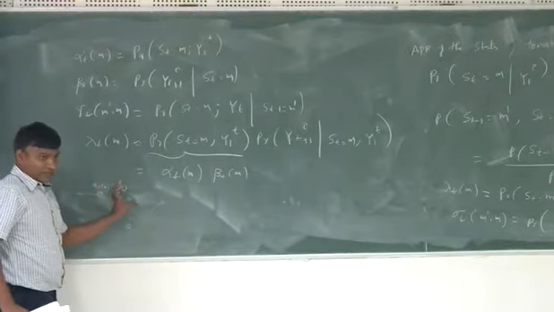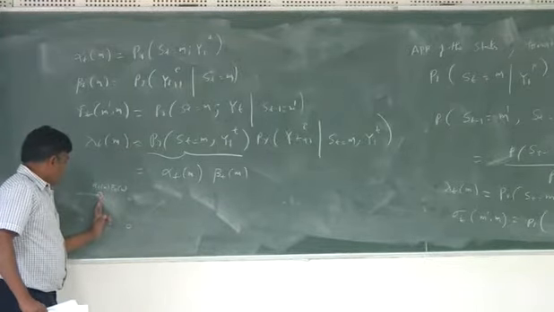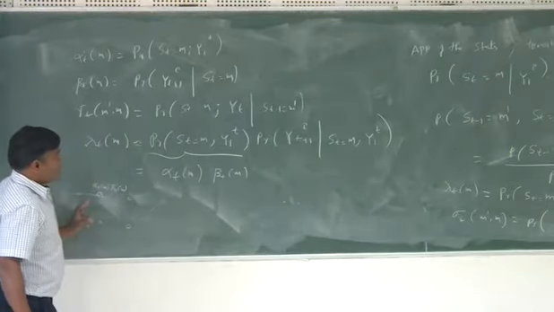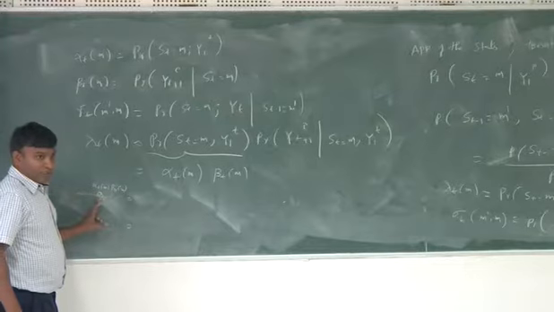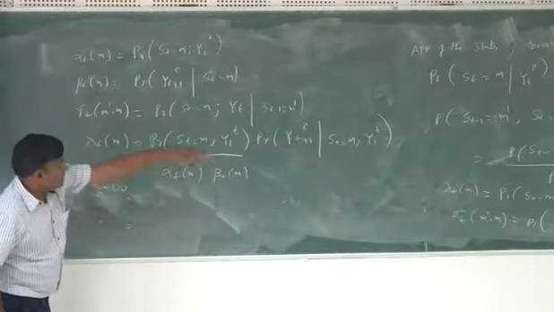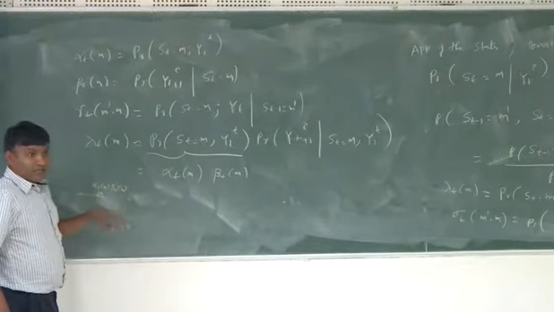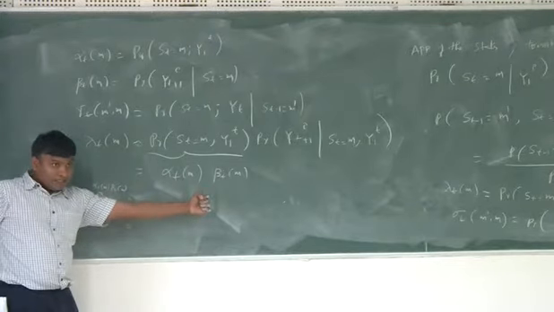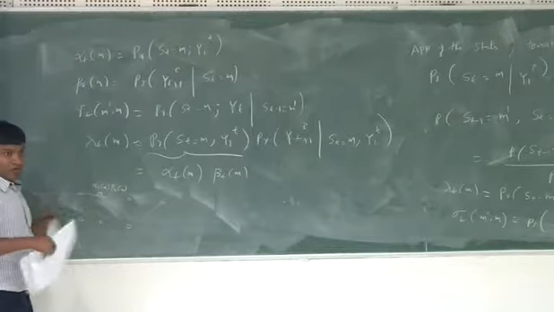Essentially the APP of the state st equal to m given the entire received sequence is the product of two terms, and these quantities can be computed recursively, one going in the forward direction, the other coming from the backward direction. That's why we have this forward backward.